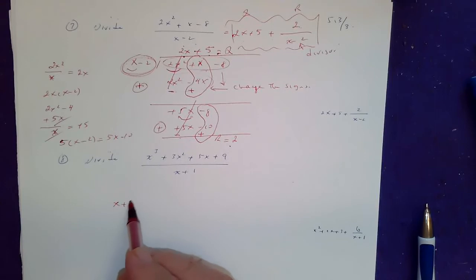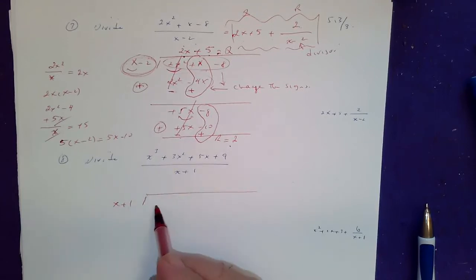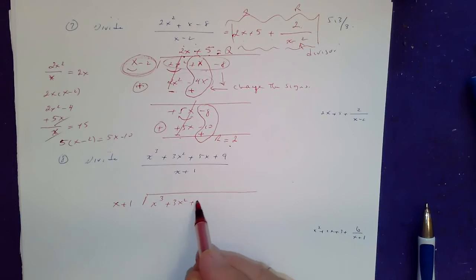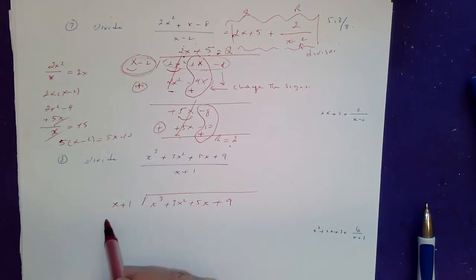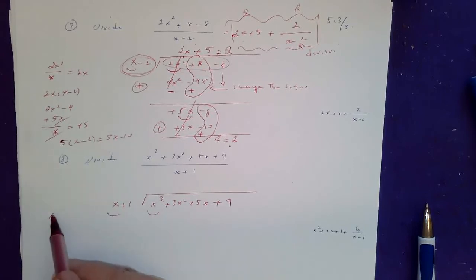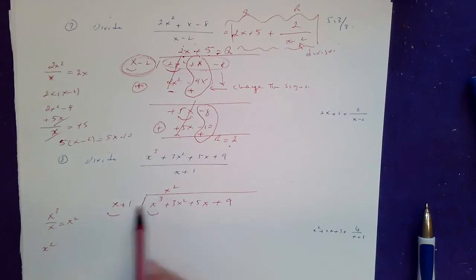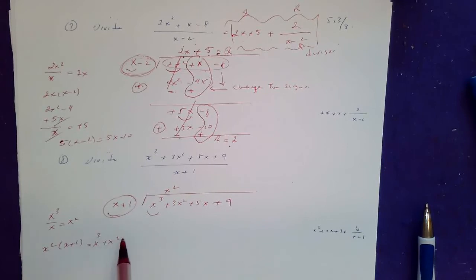For instance, what is x cubed plus 3x squared plus 5x plus 9 divided by x plus 1? All right. So x goes into x cubed how many times? x squared times. x squared goes and sits in your quotient. Take x squared and multiply by the entire divisor, and you get x cubed plus x squared.